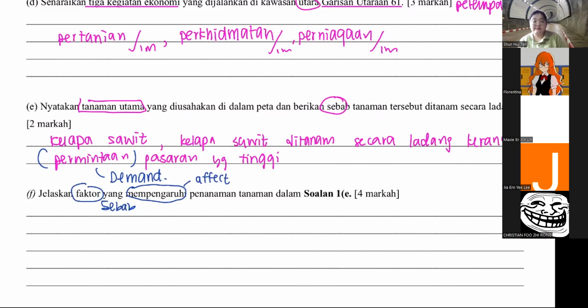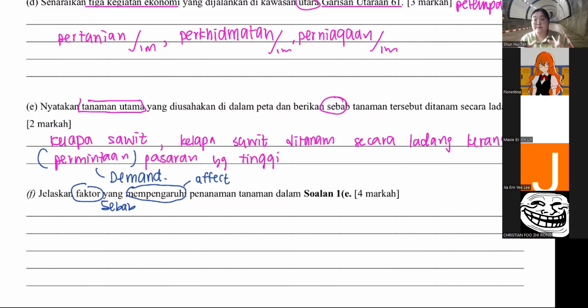So in what circumstances we can plant kelapa sawit? Now, whenever they ask you a reason that I plant this, normally they use the word factor. Normally always two things. The landscape, bentuk muka bumi, and the saliran. In this situation, we cannot write suhu.